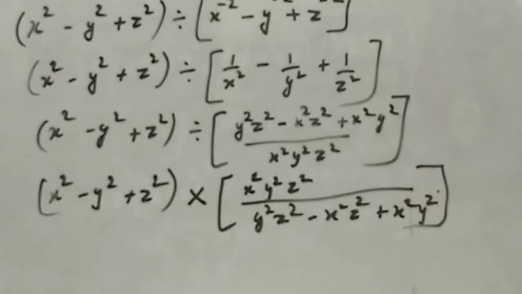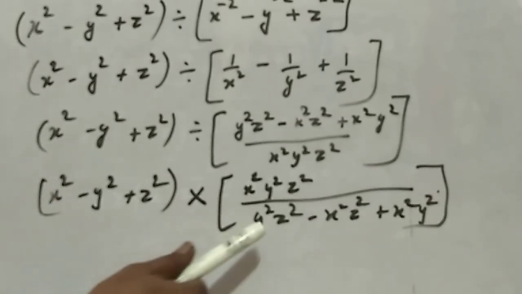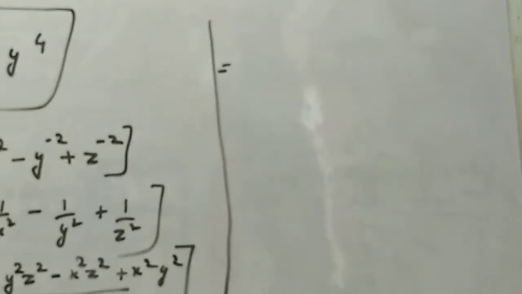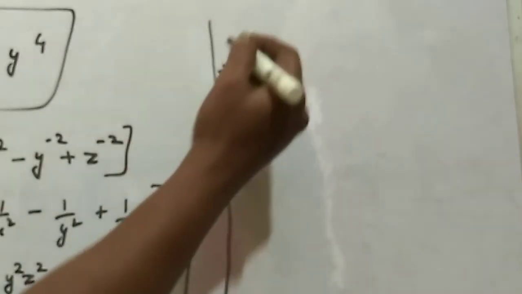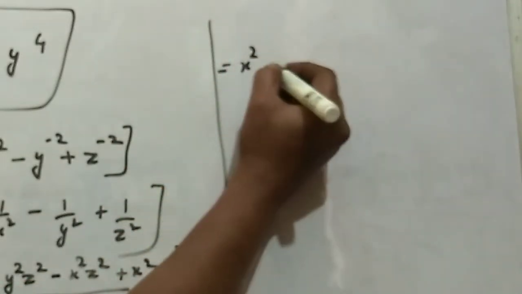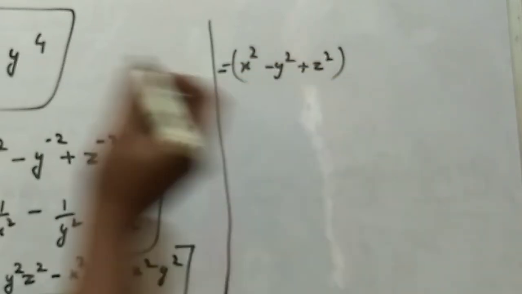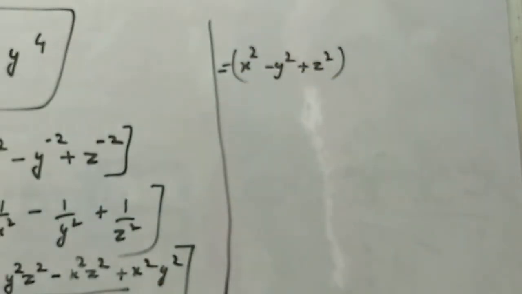Okay. Got it? Now what we have to do is, we have to take out the common. (x² − y² + z²), and wherever xz, we can write y².